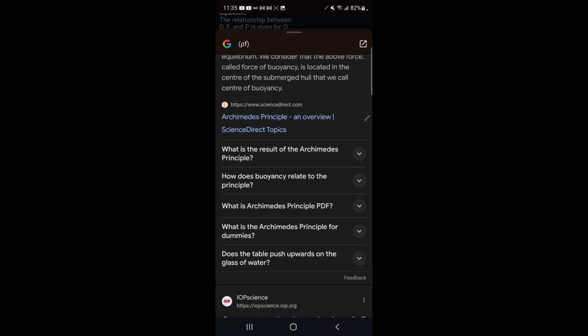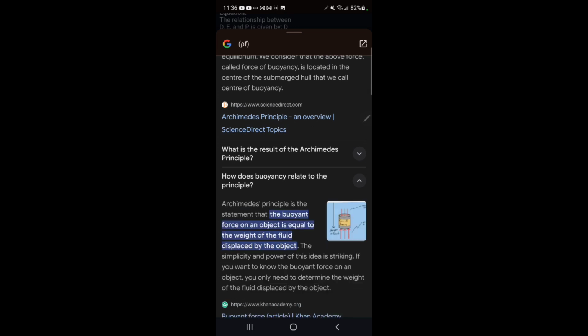Hold, wait, hold. The principle: the buoyancy force on an object is equal to the weight of the fluid displaced. So the simplicity and power of this idea is striking. If you want to know the buoyancy force of an object, you only need to determine the weight of the fluid displaced by that object.